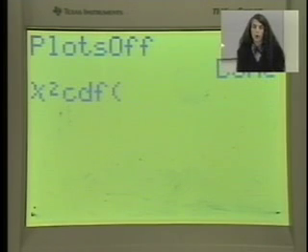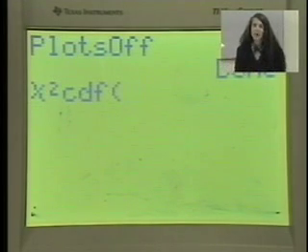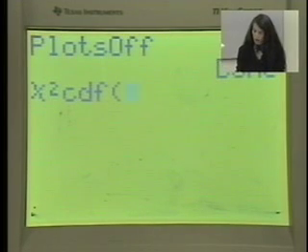So we want the probability that chi-square is less than 8. In other words, it goes from approximately infinity to 8. And so our lower bound has to be a very, very small number. So we're going to enter -1, and then we have to find EE. And the EE is above the comma. So we press second EE.